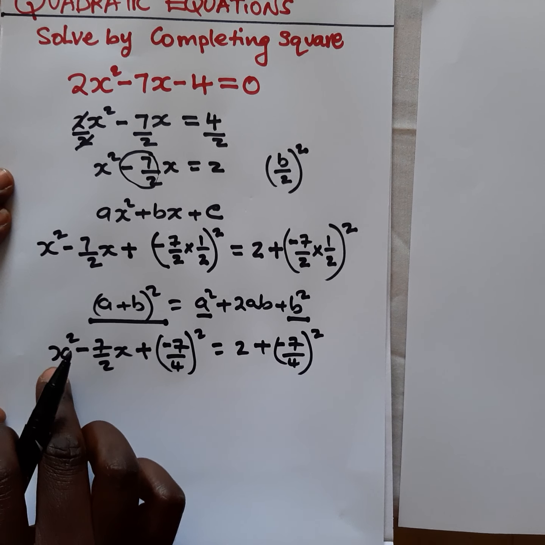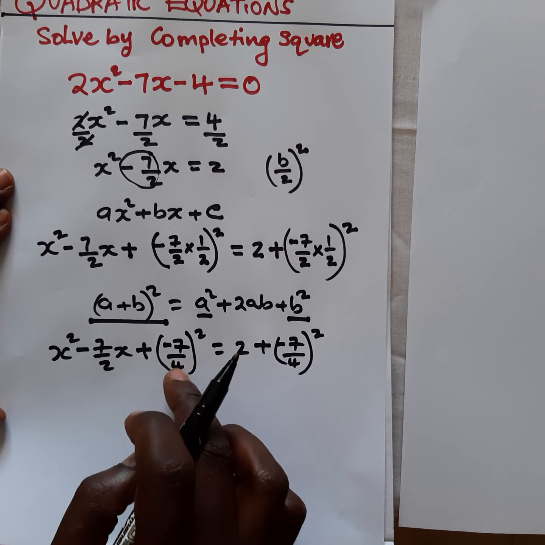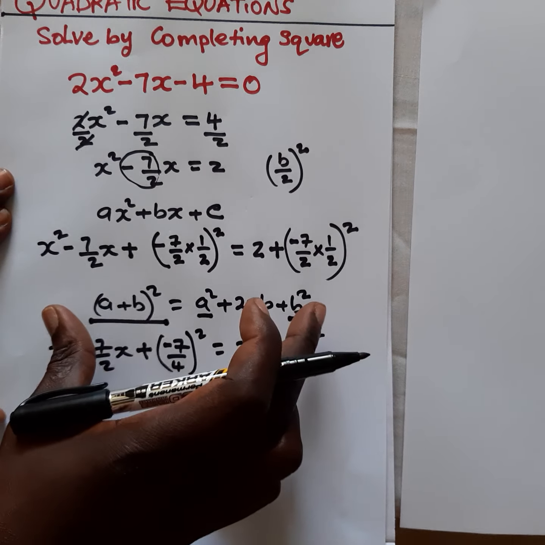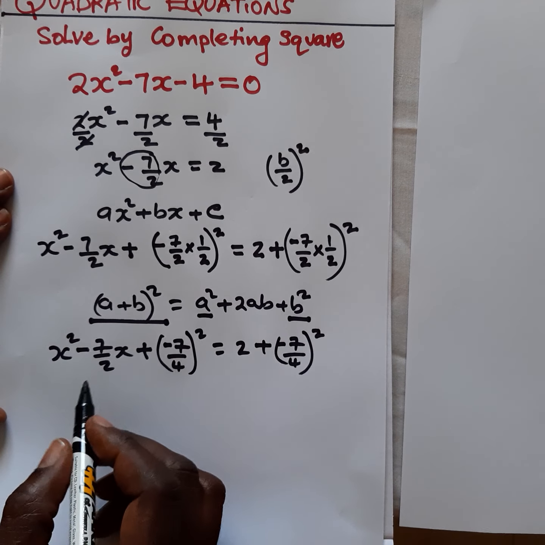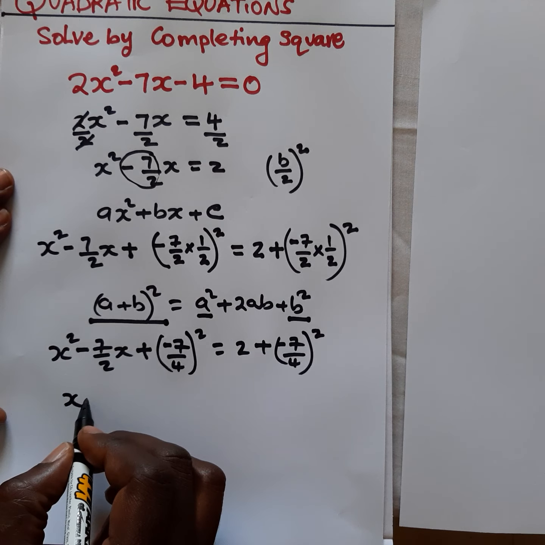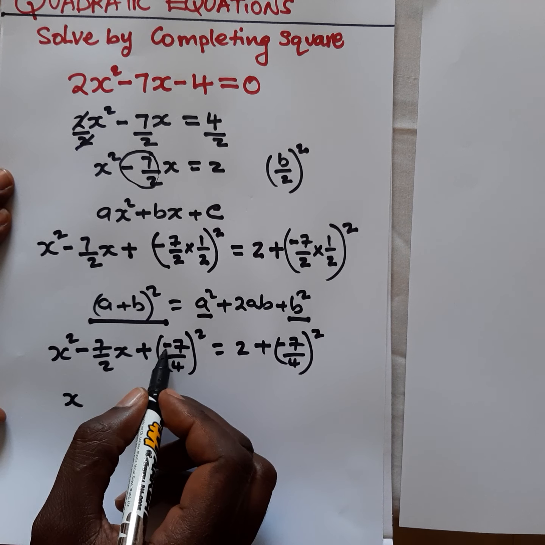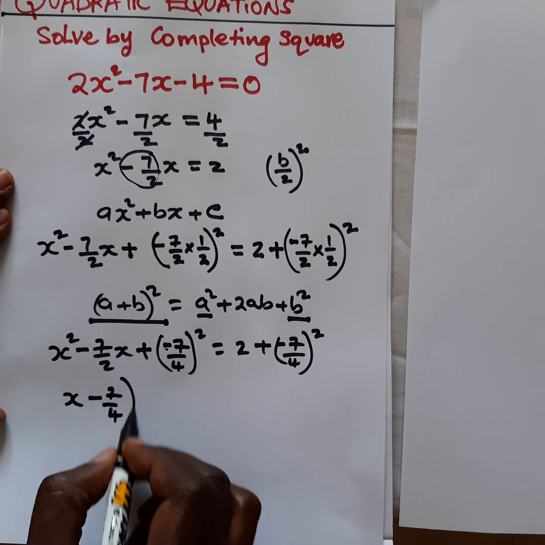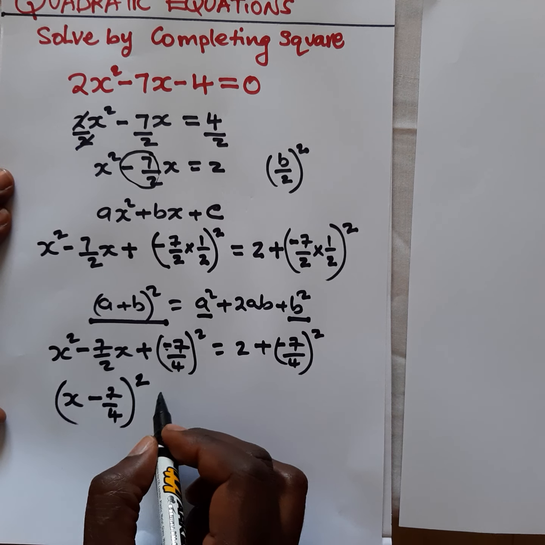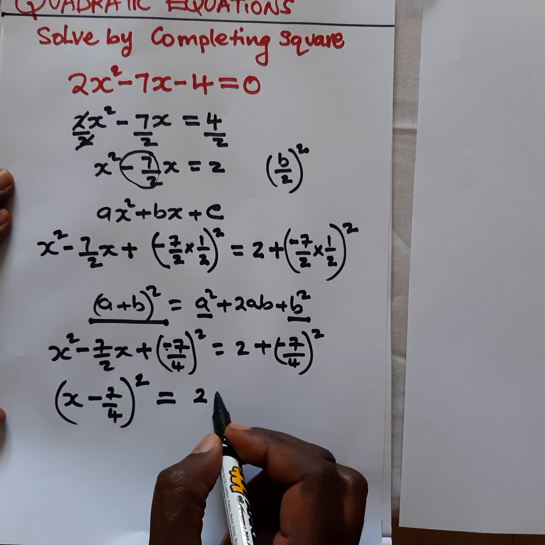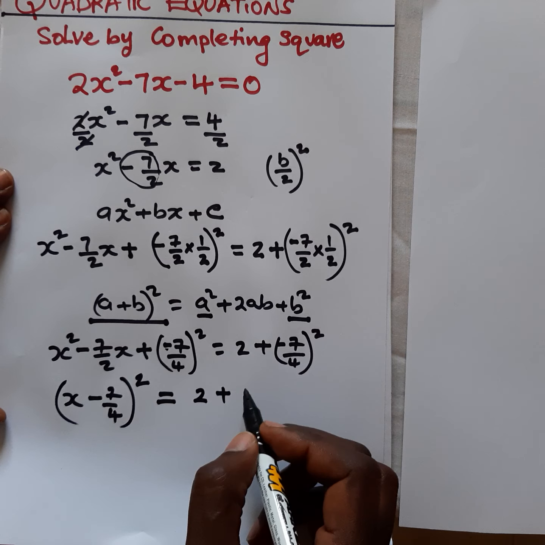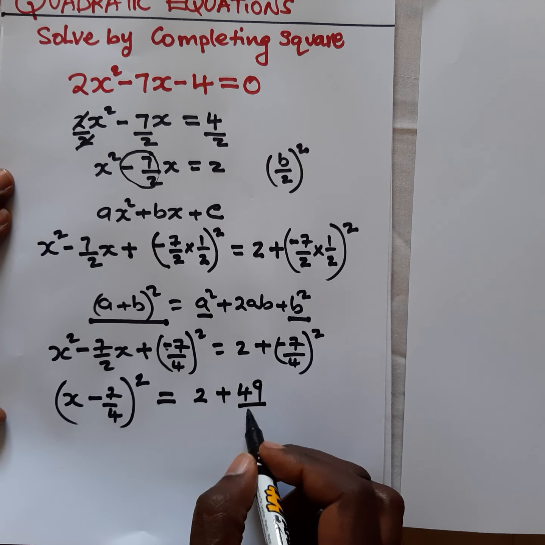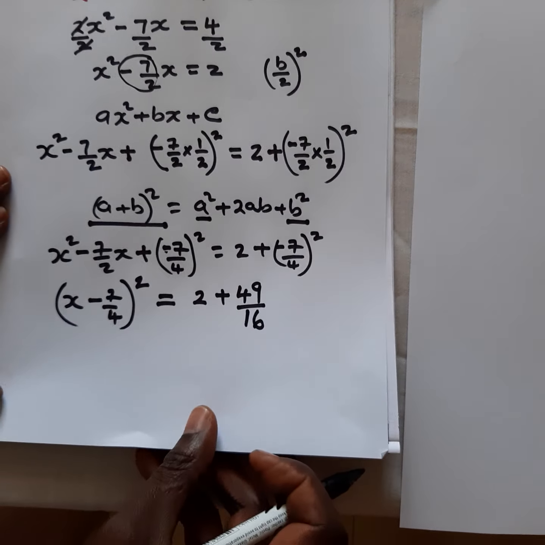So we can take x and -7 over 4, then square. It will give us this format, which is the completing square method. So we can say x, then followed by the negative, negative 7 over 4, and then we square this one, equals 2 plus, of course, if we square negative 7, we get 49 over the square of 4, which is 16.